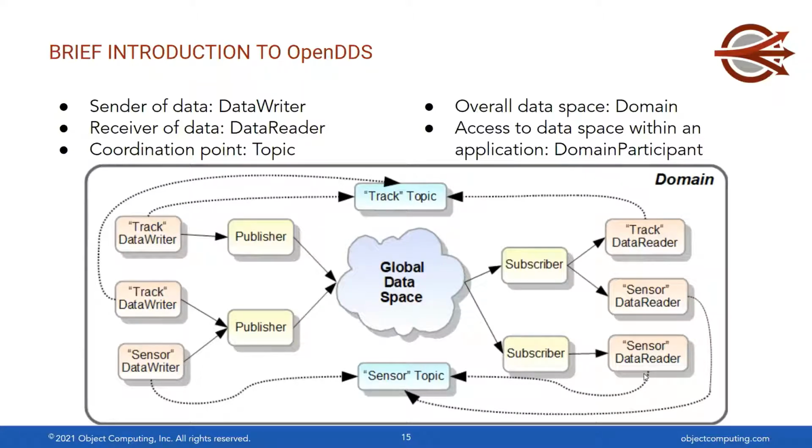And notice that each data writer or data reader is associated with a specific topic. So we think of those topics as how the writer and the reader coordinate with each other, right? How do they agree on what kind of data they're dealing with? The overall data space is called the domain. So we've shown that in the rectangle around the whole thing. And the access to that space within a given application is done through an object called the domain participant. We'll often just call that participant for short.